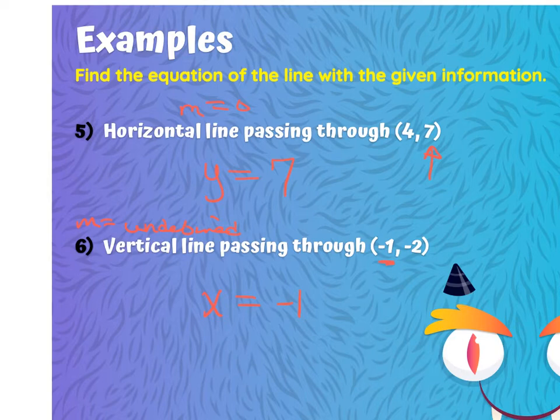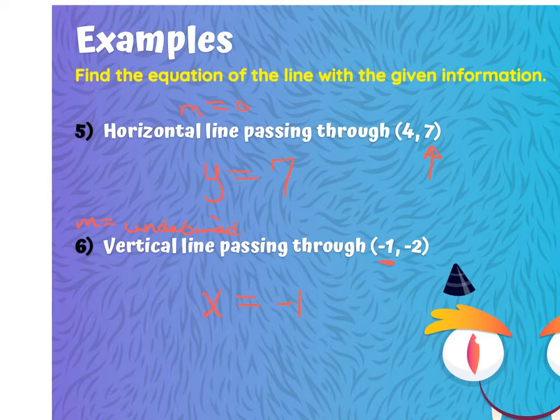When it's vertical, it's x equals, and it's the x of the ordered pair. So when they say to write your equations on the homework tonight, this is how you're going to do it. You'll enter it as y equals, whatever number it is, and then x equals if it's vertical.